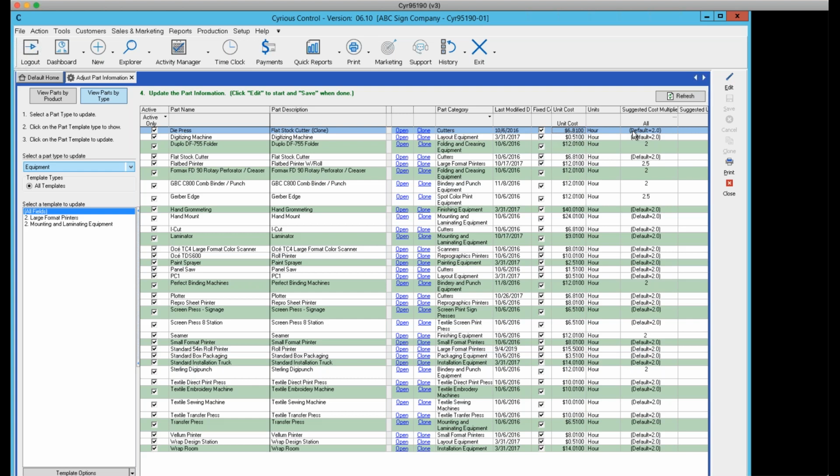Now, just some general comments I want to make. Whether control is being set up for the first time or you've been using it for a period of time, it's important that the control hourly cost for equipment be as accurate as possible. And it's just as important to periodically review those hourly rates.